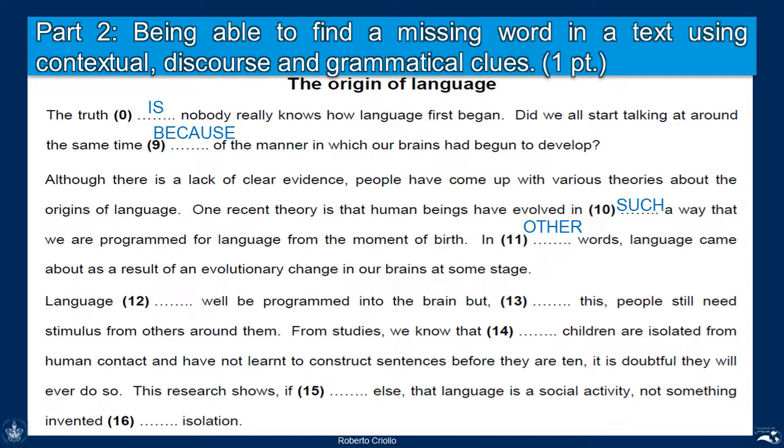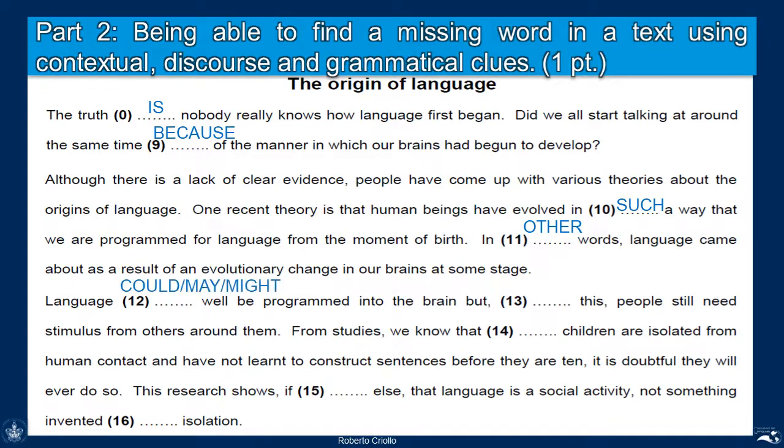Language will be programmed into the brain, but okay. So here we see that what we need, because we have the word well and then language and then its program, is a modal verb that expresses probability. So it could be could, it could be may, or it could be might. The three of them could be correct answers here.